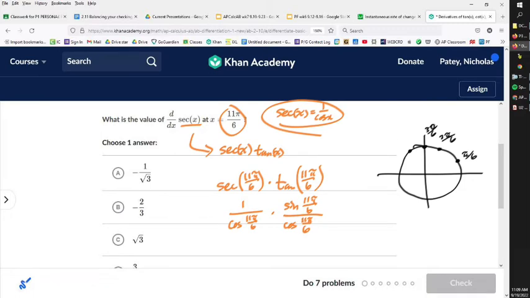And this would be 4 pi over 6. 5 pi over 6. And then this one's 6 pi over 6. It should simplify to 1 pi, right? And then I'll keep going like this. So this would be 7 pi over 6, 8 pi over 6, 9 pi over 6, 10 pi over 6, 11 pi over 6, which is the one we care about. And then this is 12 pi over 6, which simplifies to 2 pi, right? A complete revolution is 2 pi.